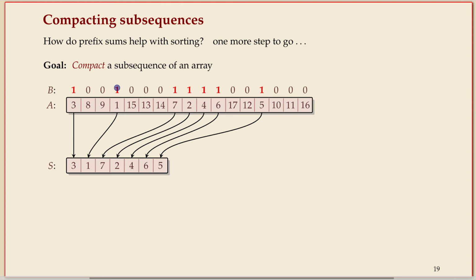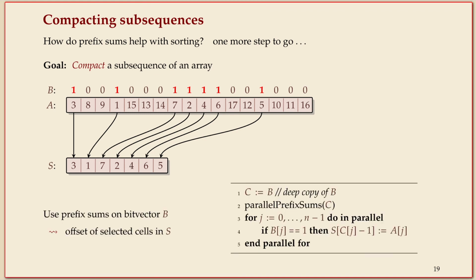It's not so clear at first because it seems that, say, this 4, where this goes in the output seems to depend on what happened before in the sequential algorithm. But if you think about it for a moment, this is really just reusing what we've just done. You can use prefix sums on this bit vector b to figure out where the elements should go.